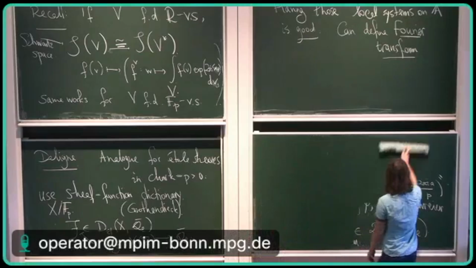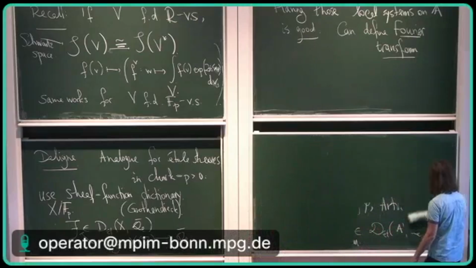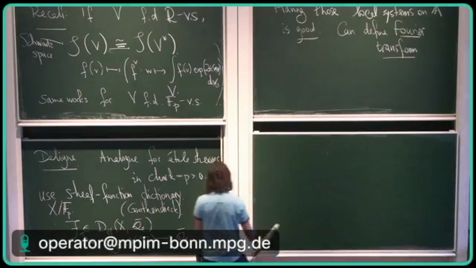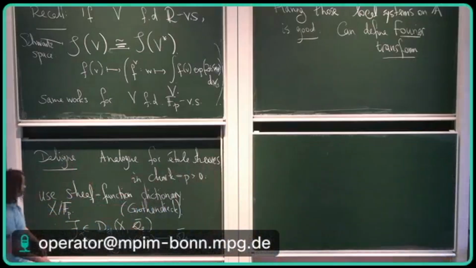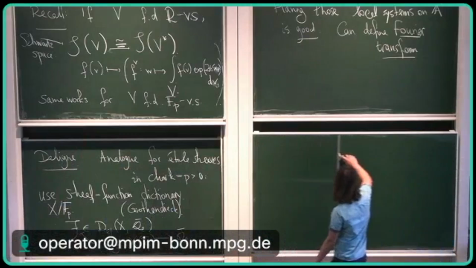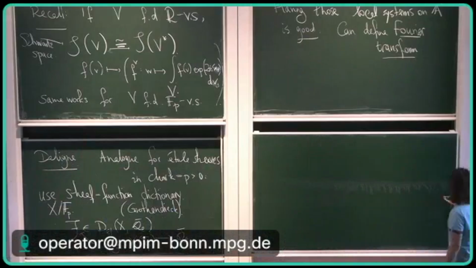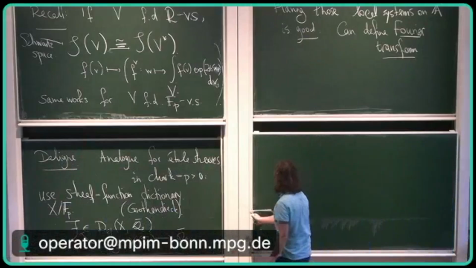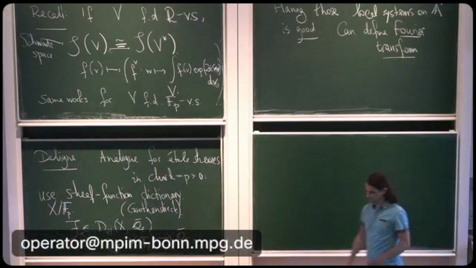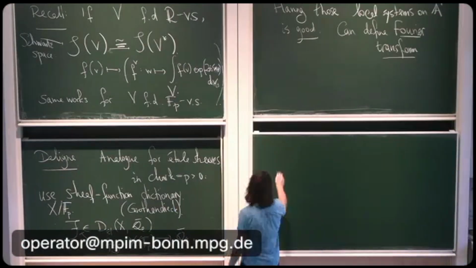For example, functions you can multiply, which on the level of sheaves corresponds to tensoring the sheaves. Or sheaves you can pull back, which on the level of functions just means restricting functions along the map, or the push forward maps then correspond to some kind of integration along fibers, and so on. So there's some dictionary.